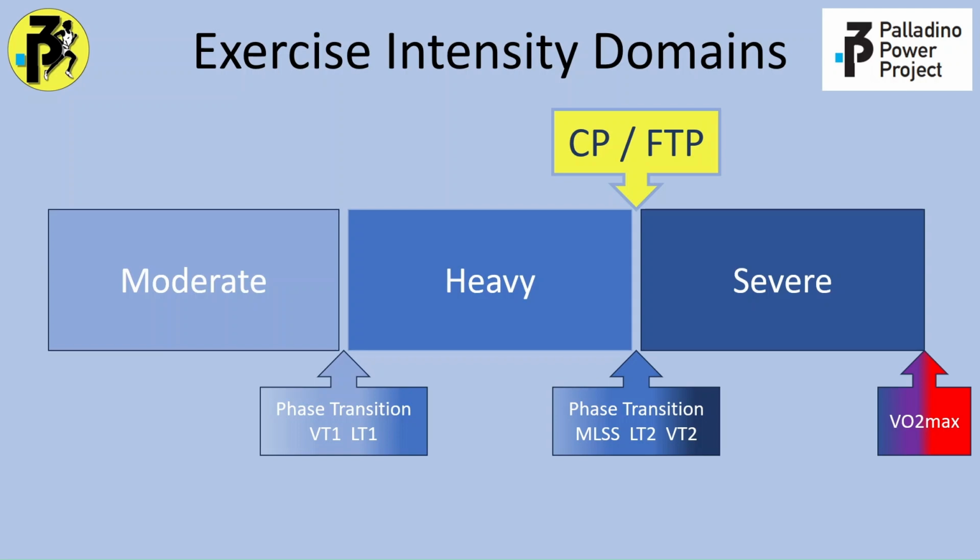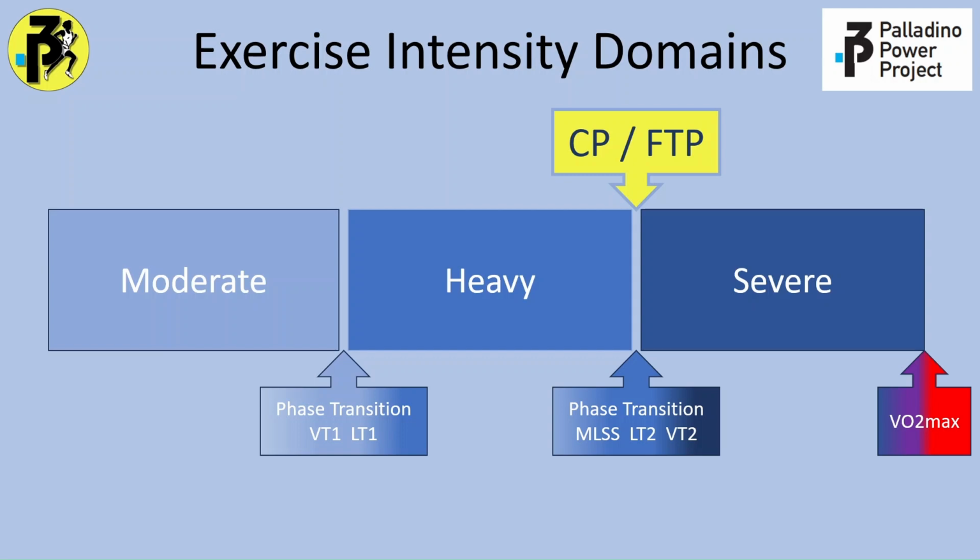In fact, if you look at LT2, there are multiple protocols and models. But they're all trying to identify that phase transition, as does CP and FTP. The difference is that CP and FTP allow the user to do it with field-based testing and does not require lab testing.